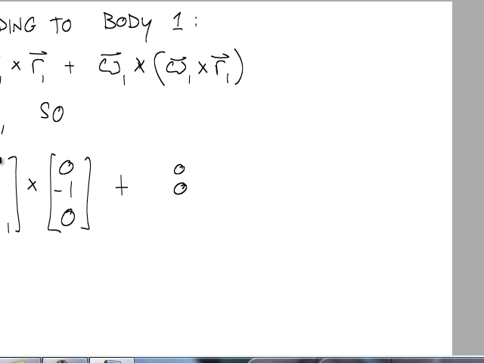And that tells us that, let's see, take the cross product here and you get alpha 1, 0, 0, right? In 2D, that's just alpha 1, 0.